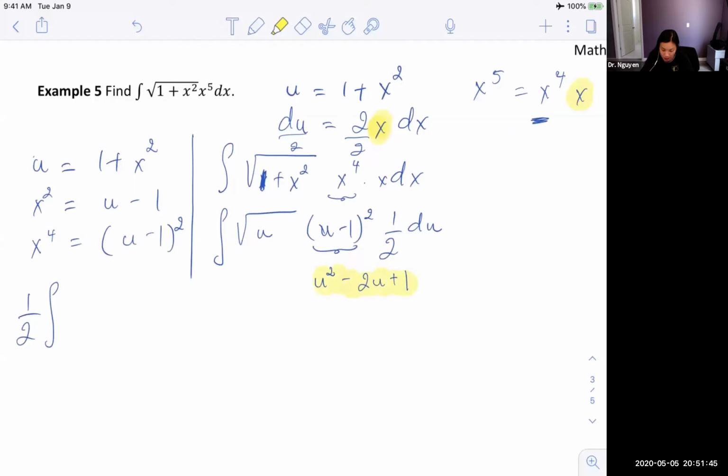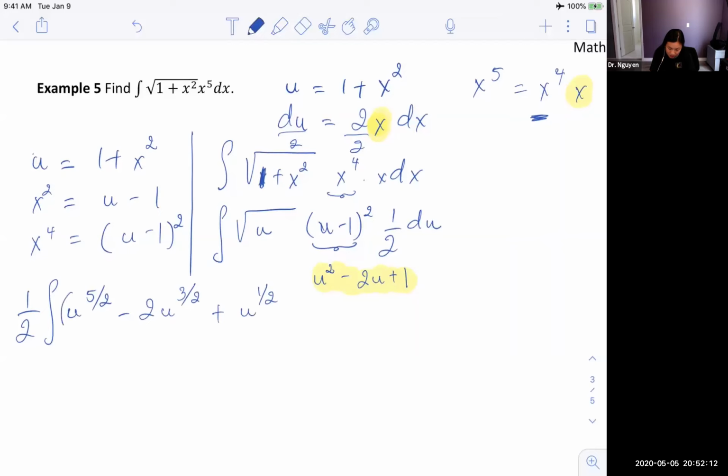All right. And then from there, I can distribute the square root of u. So if I distribute, I'm going to get u to the 5/2 minus 2u to the 3/2 plus u to the 1/2. Notice that I changed square root to the 1/2 power, so that's how I can just easily distribute.